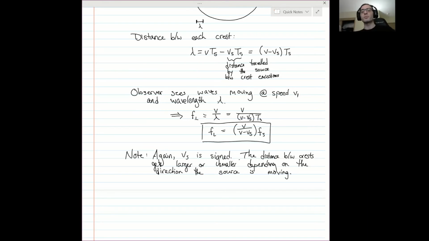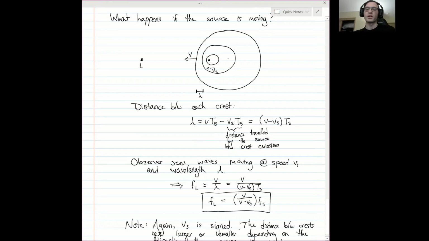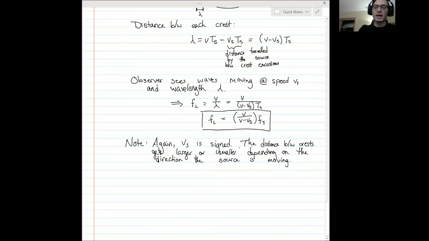If they're moving away from the listener, if they were moving instead to the right, or if the listener was over here, then the distance would get bigger because the next crest is emitted from further away. And so the fact that we have a minus here indicates that the source was moving towards the listener, but it could have been a plus if the source was moving away from the listener.